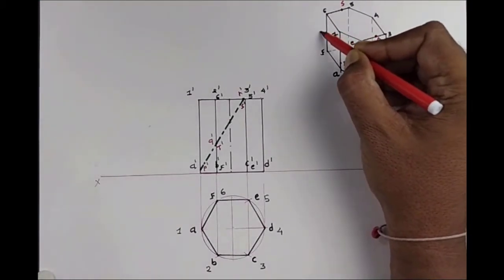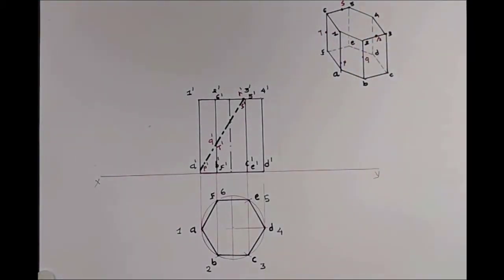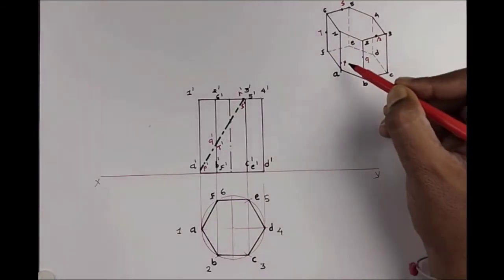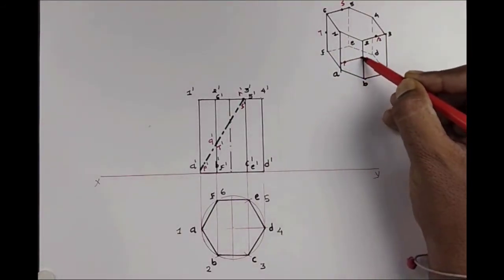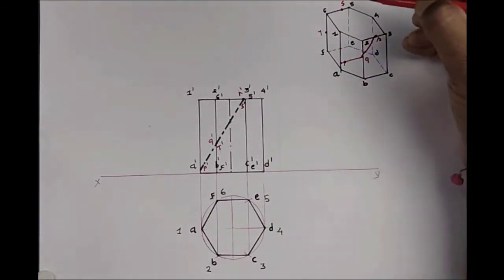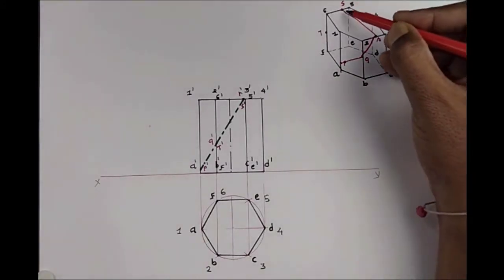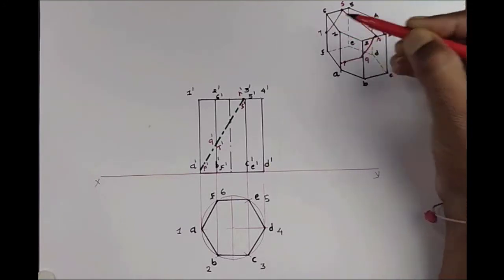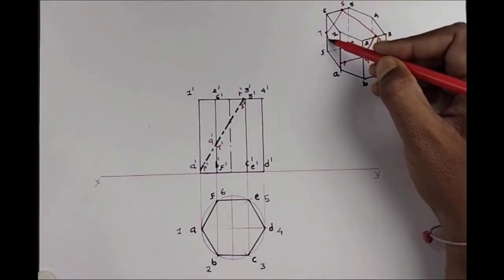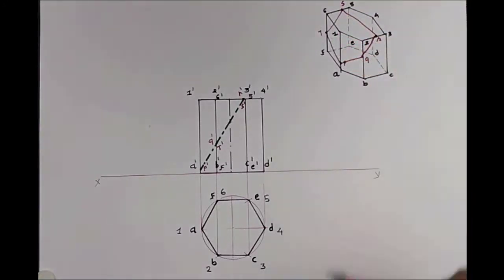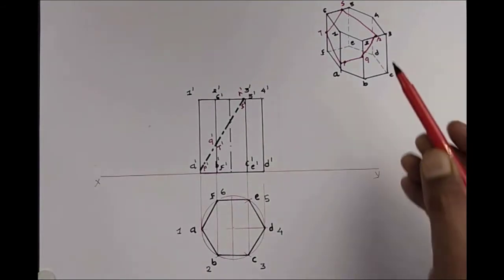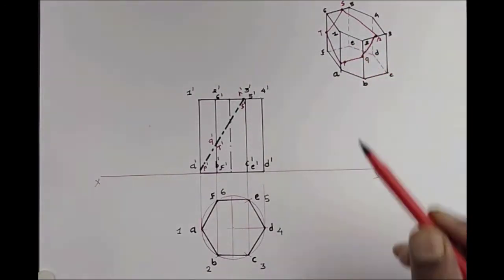Now you join your PQ, QR, RS, ST and TP, and remove these parts.